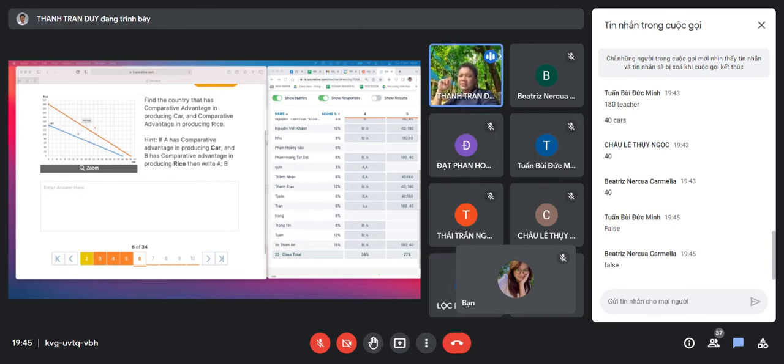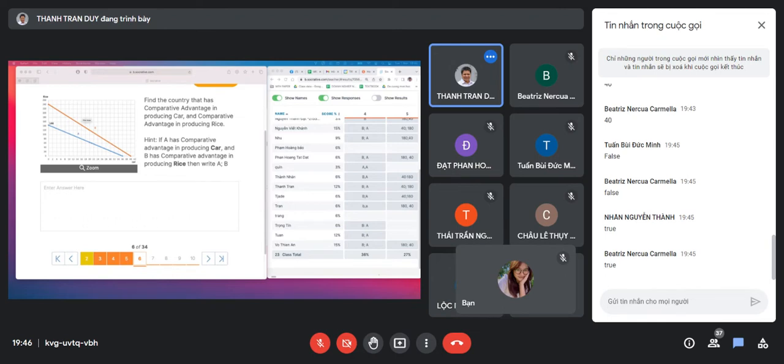Country B has absolute advantage in everything, in both rice and car. Okay, but they do not ask us that question. They ask us to find the comparative advantage.